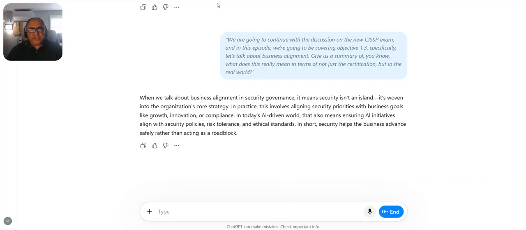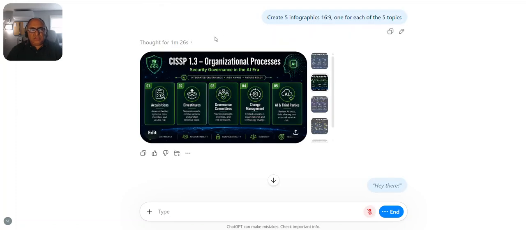Very good, very good. The next topic we're going to cover in this objective is organizational processes and security governance, including the new governance in AI and risks. These are some key terms and concepts that we need to understand in order to pass this certification: acquisitions, divestitures, governance committees, change management, AI, and third parties.